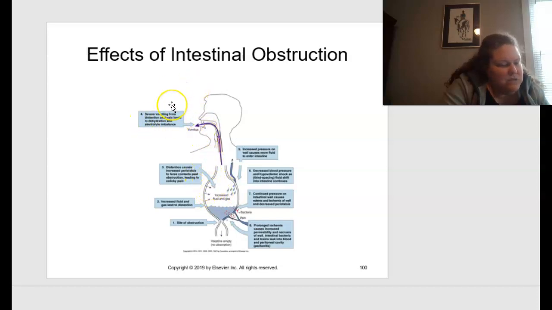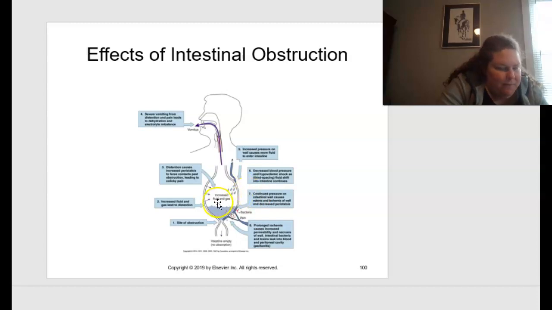It can also lead to severe vomiting from distension, and the pain can lead to dehydration and electrolyte imbalance. And this can lead to increased pressure on the wall, which is going to cause even more fluid to enter into the intestine. And then because of this, decreased blood pressure and hypovolemic shock occur as a third-spacing fluid shock into the intestine, and it continues.